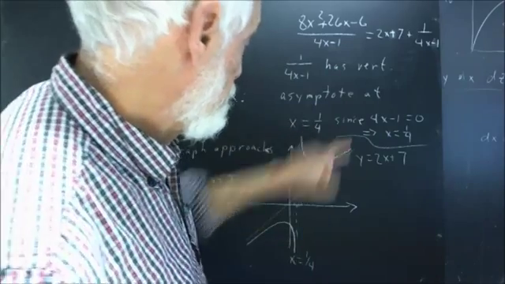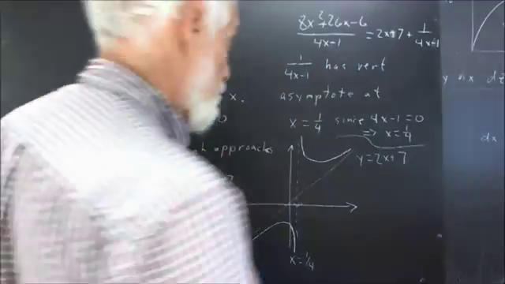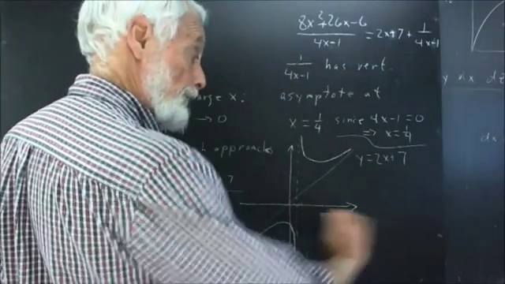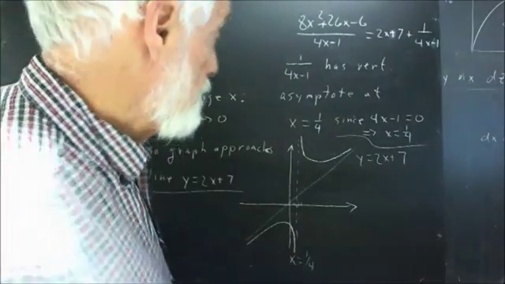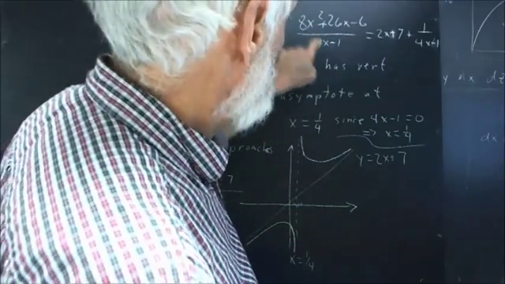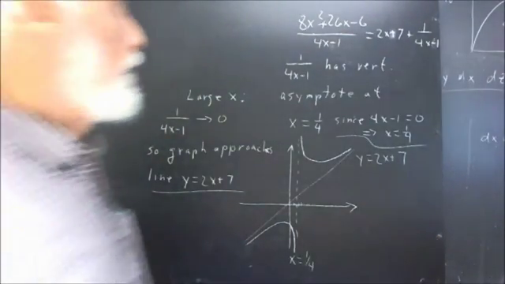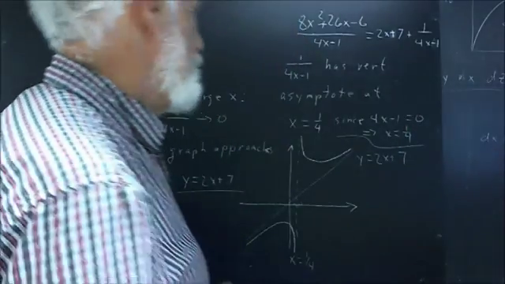Now, why does the graph curve around like this? A lot of times when you have an asymptote, the graph just becomes asymptotic to the x-axis or some other horizontal line. That turns out to be because the degree of the numerator is 1 greater than the degree of the denominator. Since that's the case, that's how we got the 2x plus 7.